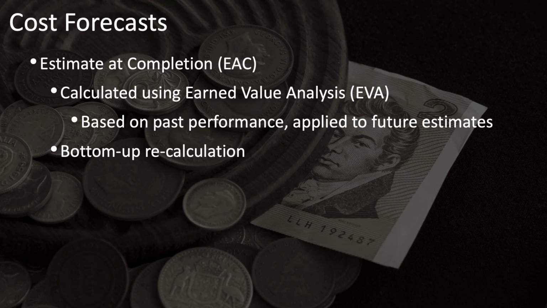Now, your estimate at completion can be calculated using earned value analysis, which uses past performance to predict how future performance will go on your project. Or you could calculate your estimate at completion by redoing your calculations from the bottom up and adding it all up together. This is where your basis of estimates would come in handy.